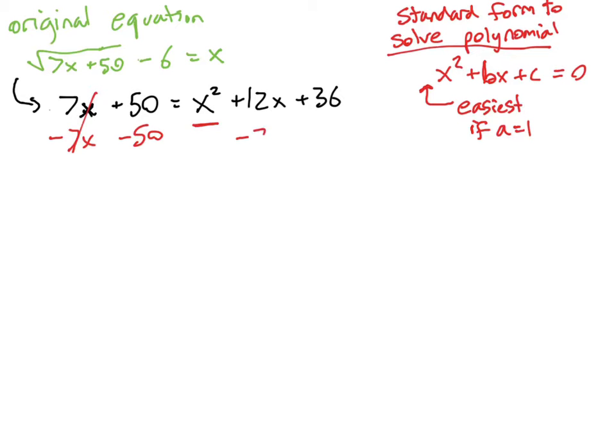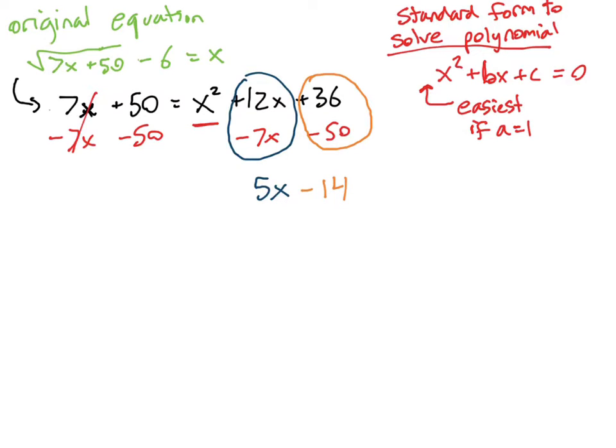If we subtract 7x from the right side of our equation, we have some like terms that we can combine. We're going to combine the 12x and negative 7x to get positive 5x. And we can also combine these constant terms, plus 36 and minus 50 gives us minus 14.